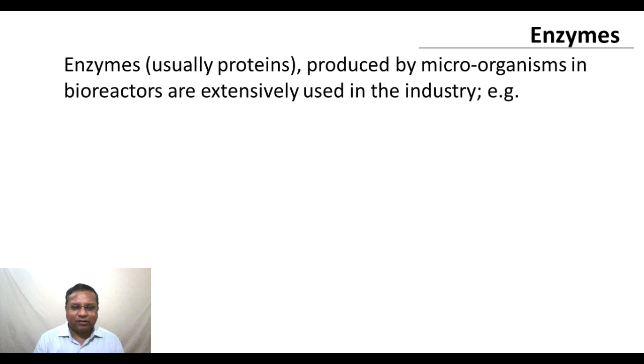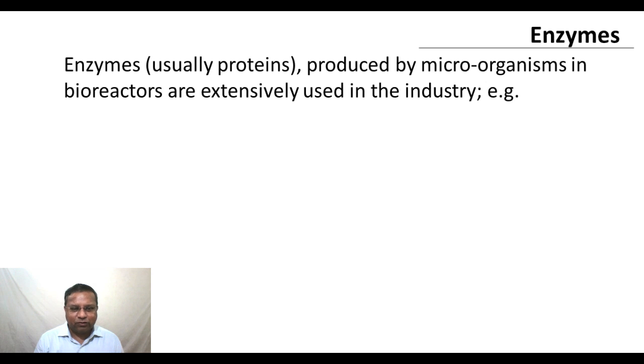That is the interest in the enzymes themselves. Then the enzymes could mediate products from, let's say, A to B conversion. B could be the preferred product over A, and the biotransformation through enzymes could be carried out in a bioreactor. But before we look at that, let us look at enzymes themselves.